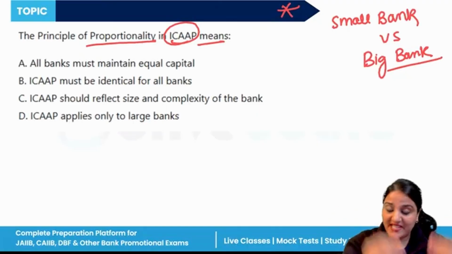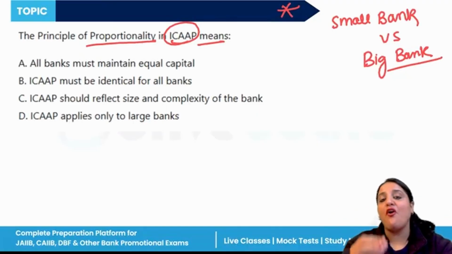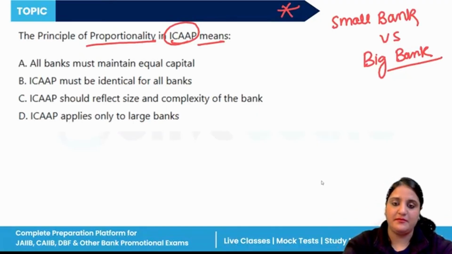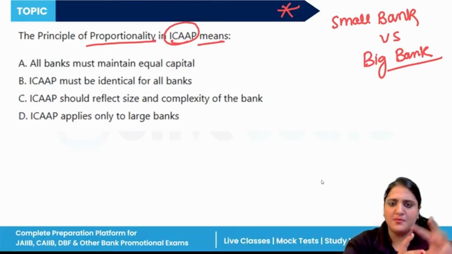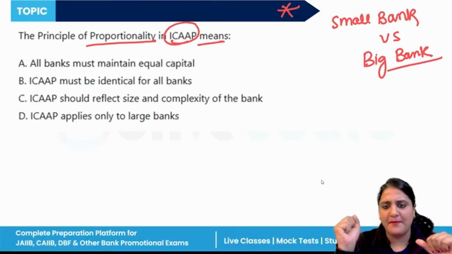No. This is where the principle of proportionality comes in. The implementation of ICAAP should depend on the size of the bank, the complexity of the operations, the risk profile, the nature of the activities. Small bank, simple ICAAP.